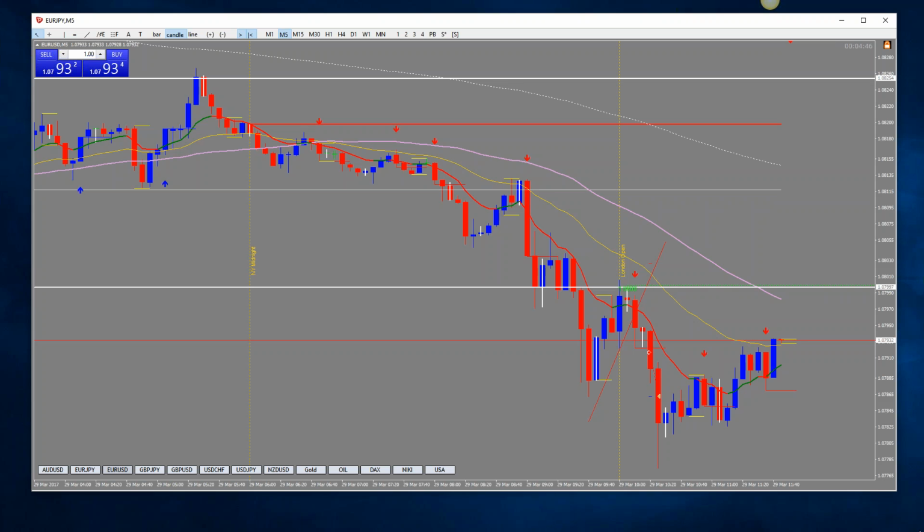Do you have a pending order in there, or do you pull the trigger at market? I'm a market trader. I've tried the pending order thing, but as a scalper, scalping is really not easy.